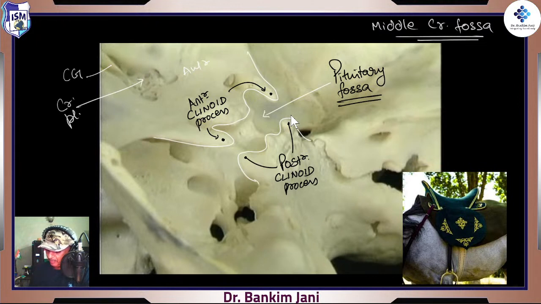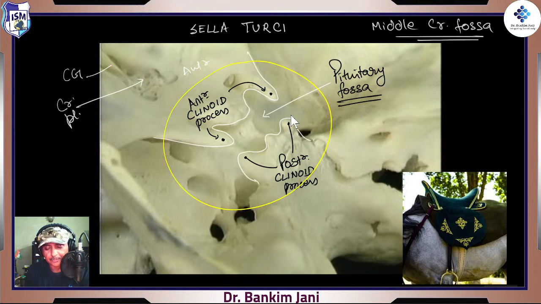But then what is this horse doing over here? Well, this entire complex, this whole thing, is given a very nice, very impressive name, Sella turcica, so that no non-medico understands what exactly it means.